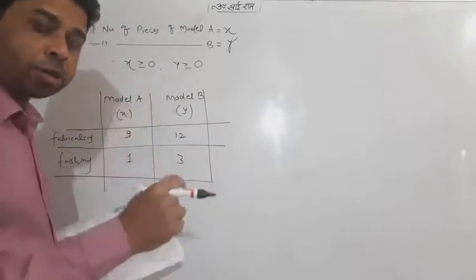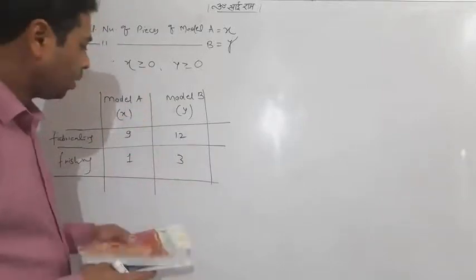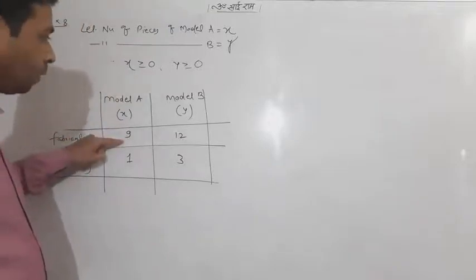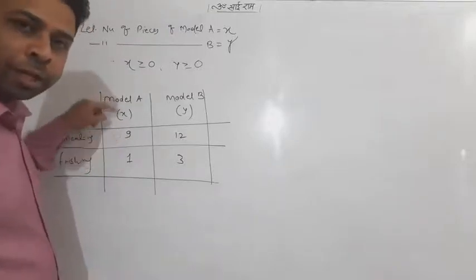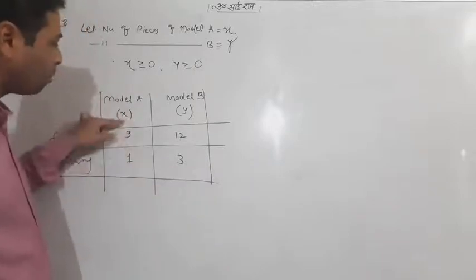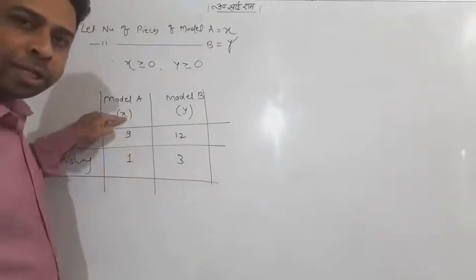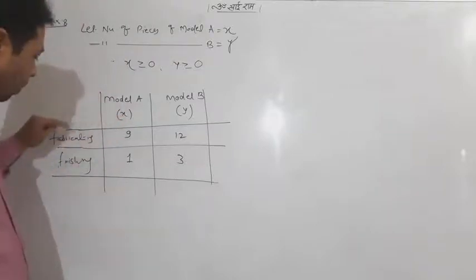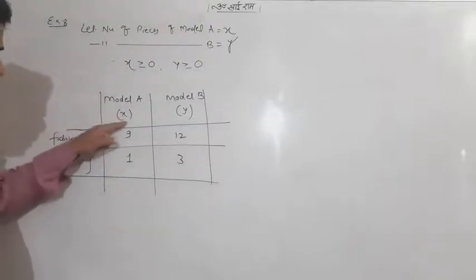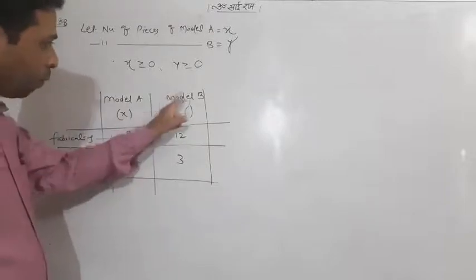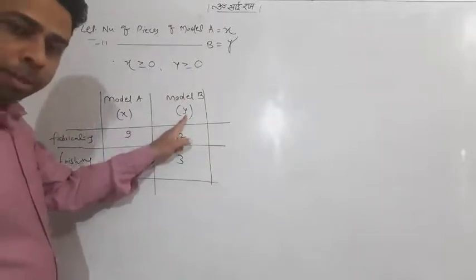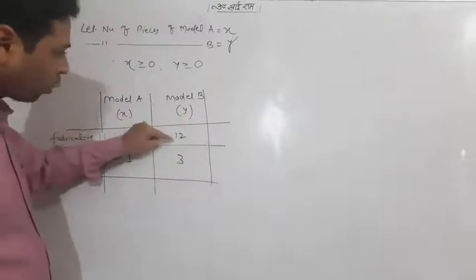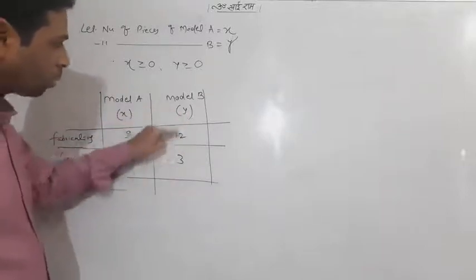So 9 is the fabricating hours for each piece of model A. The total number of pieces of model A is X, so the total fabricating hours for model A will be 9x, and the finishing hours will be 1x. Similarly for model B, the number of pieces is y, so the total fabricating hours will be 12y and the finishing hours will be 3y.